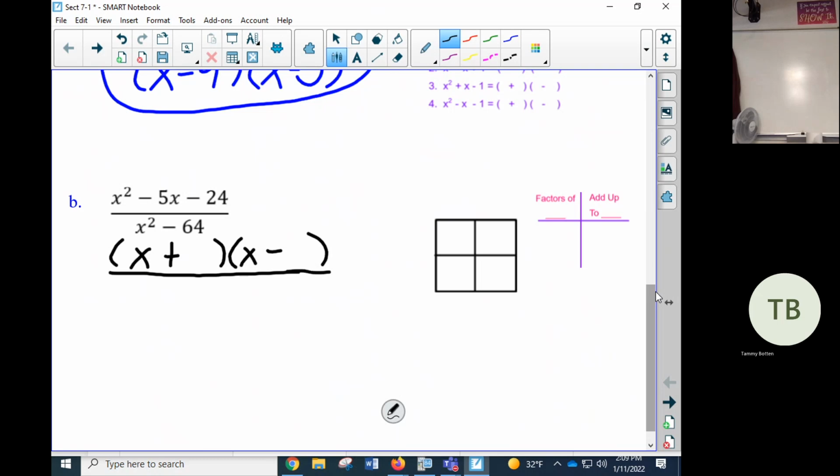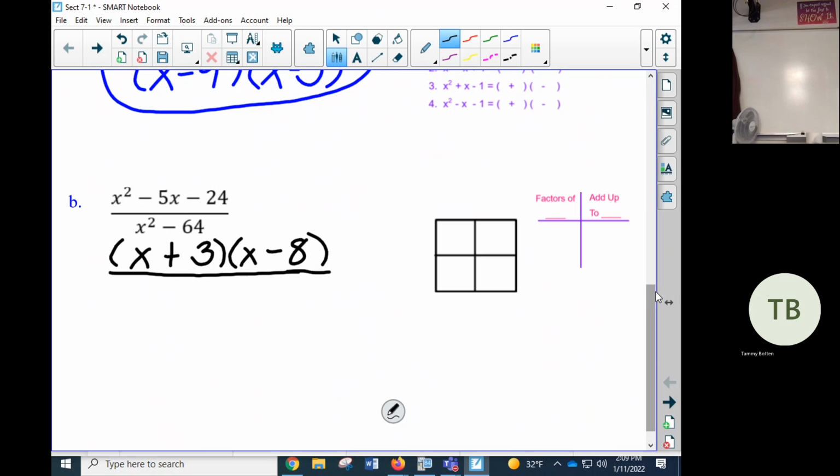We need 2 numbers that multiply to give a negative 24, that when we add together, they give us a negative 5. Does anyone know what that would be? Negative 8 and 3. So do you get that I put an 8 here and a 3 here? Everybody okay with that?